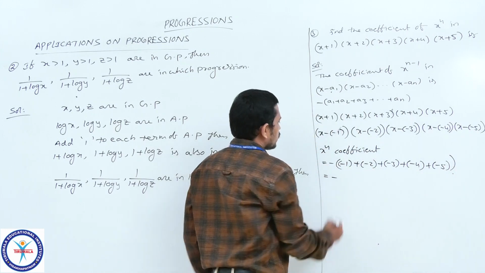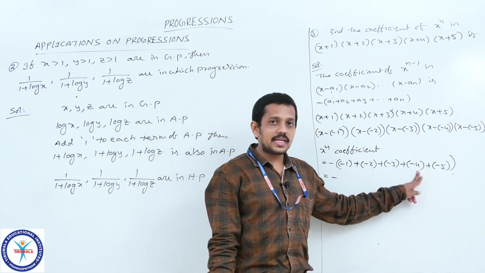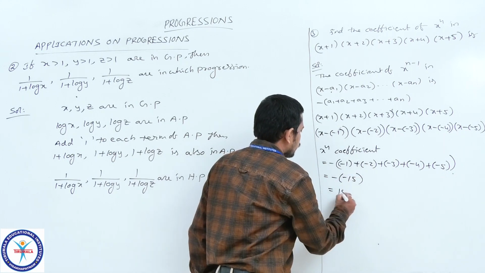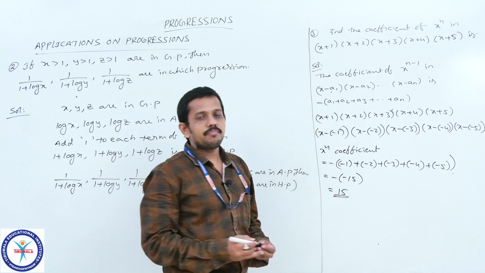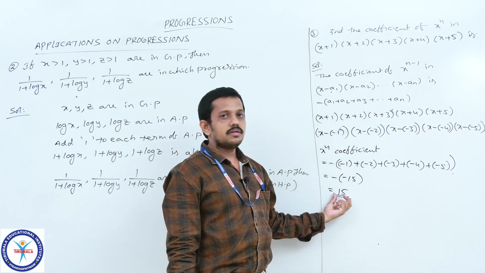So this is equal to minus of minus 1, minus 3, minus 6, minus 10, minus 15. Minus of minus 15 is equal to 15. Therefore, the x power 4 coefficient in the given polynomial is 15.